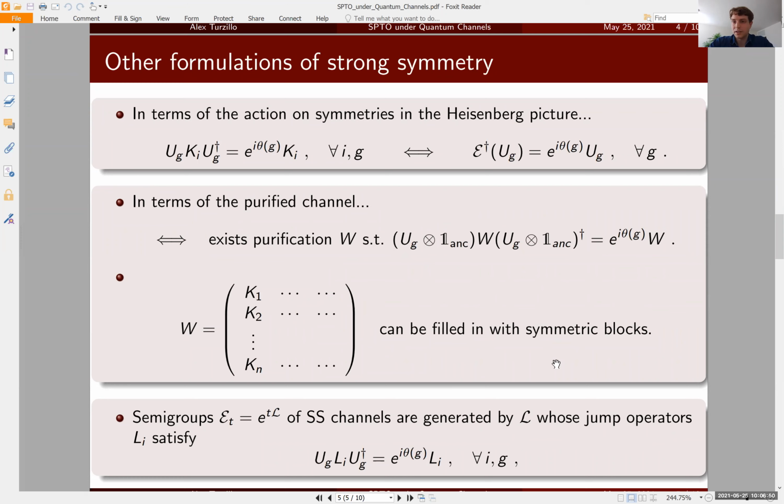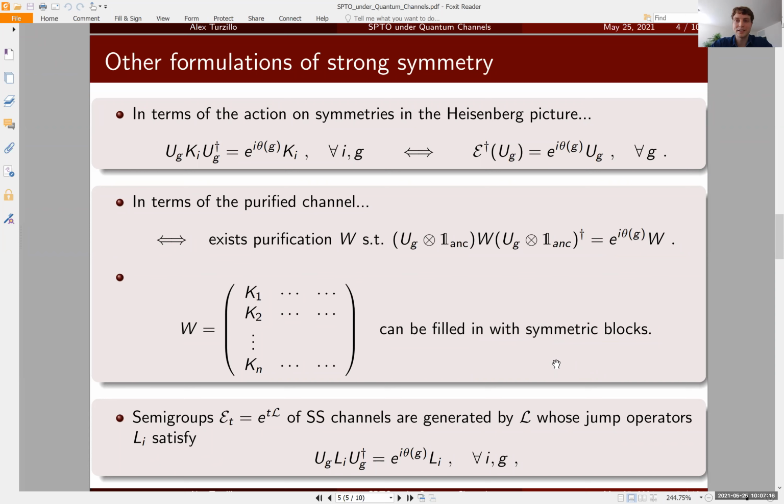One can work in the Heisenberg picture, where instead of acting on states with the channel E, one acts on operators with the dual channel E dagger. So a channel is strongly symmetric if and only if it maps the symmetry operator U_G to itself up to some phase, which isn't that interesting physically.